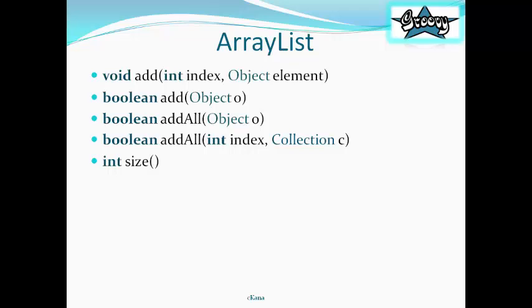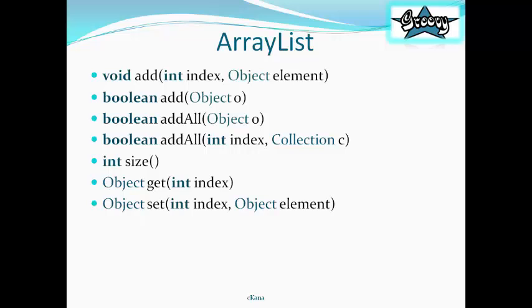Then we have an int size function, which returns the number of elements in the list. Then we have a get method, which returns the element at the specified position in this list. Then we have a set method, which replaces the element at the specified position in the list with the specified element.